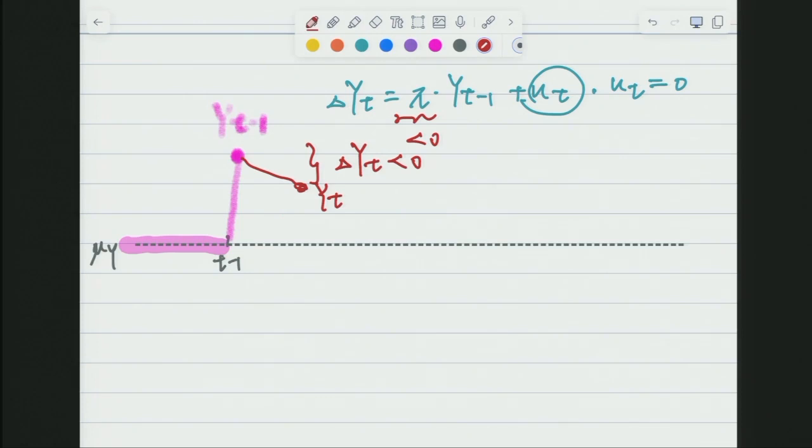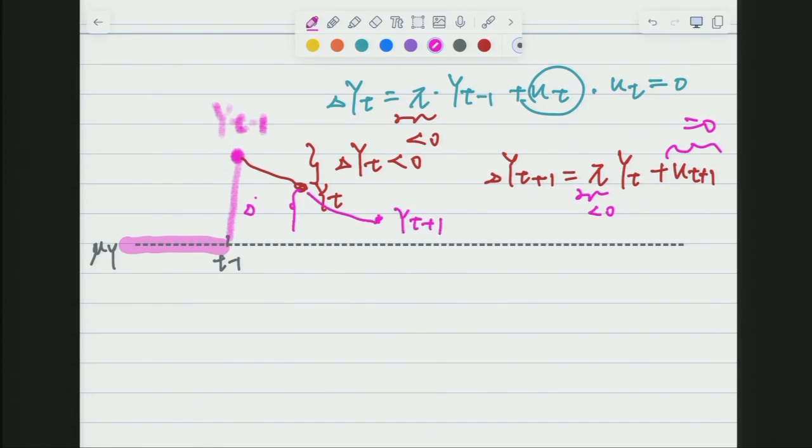And in the next time period, delta yt plus 1 is equal to pi yt plus ut plus 1, again in the absence of shock. Given that pi is negative, yt plus 1 must be even smaller than yt.